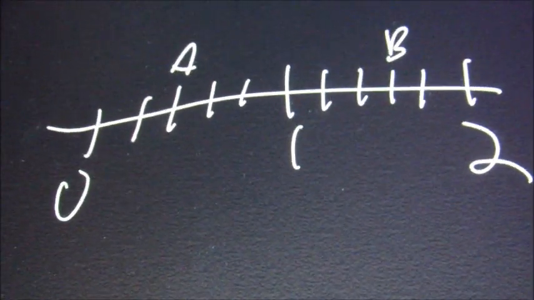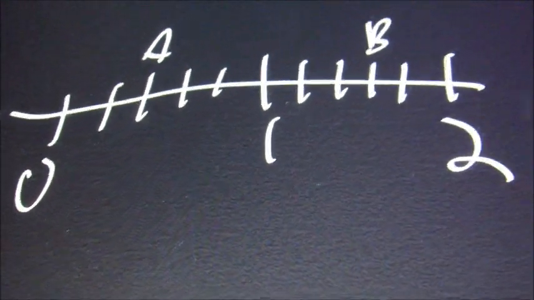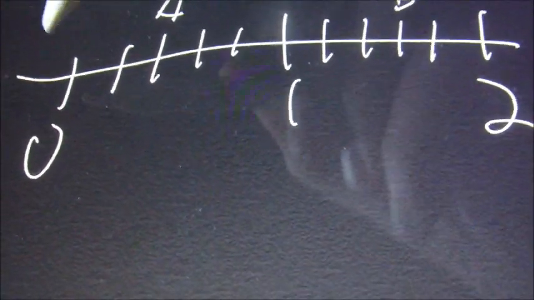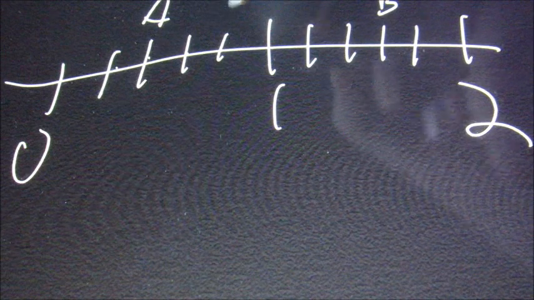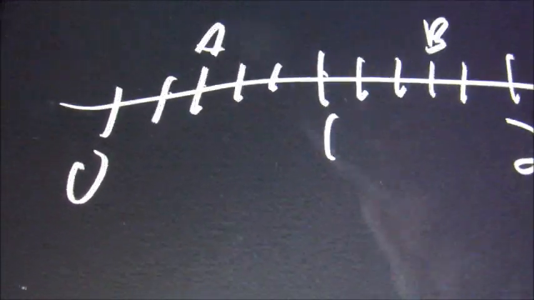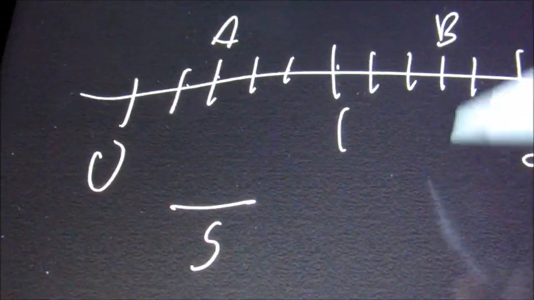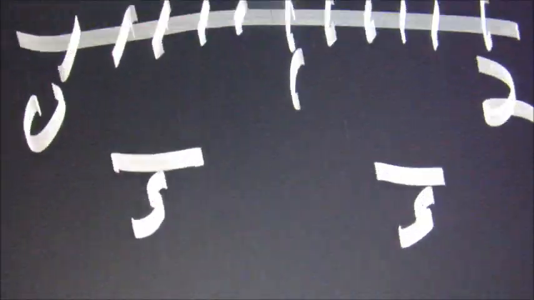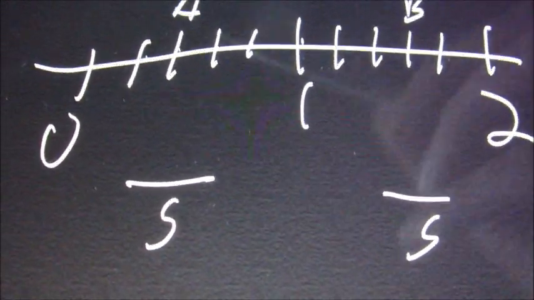Now the easiest way to do this is just to count the hash marks. So there's 1, 2, 3, 4, 5 in each one. So that means our denominator is always going to be 5. And we just count how many there are.